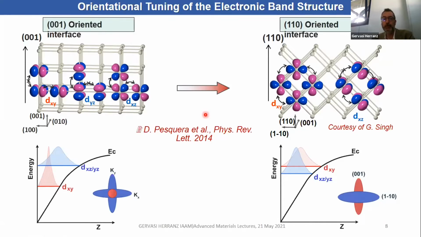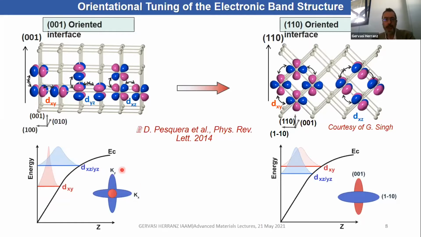And basically, as we demonstrated in this reference using synchrotron radiation, the energy hierarchy, so how these orbital levels are ordered in energy, is different for the two different orientations. For instance, in 001 oriented quantum wells, the bottom levels have a dxy character with different effective masses than dxz and dyz orbitals, which are higher in energy.